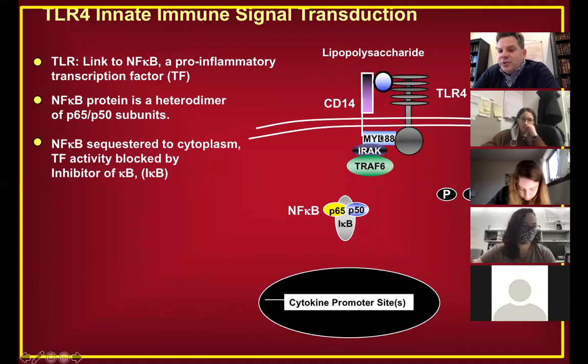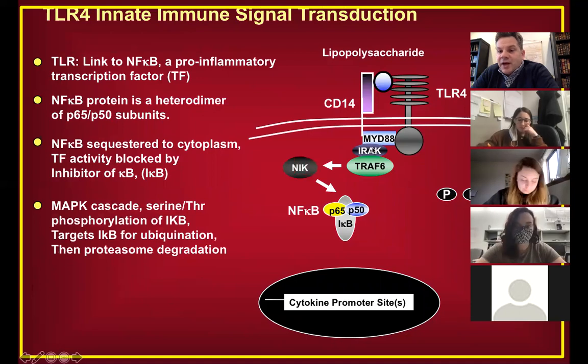This interaction will bring these adapter molecules like MyD88 together on the cell surface, within the plasma membrane. You'll attract these kinases, which generally act as docking proteins. And it'll activate this NF-kappa B initiating kinase, NIK kinase. There are some other names for it, but for our class, we'll call it that.